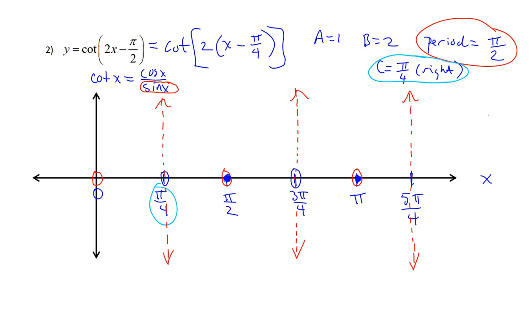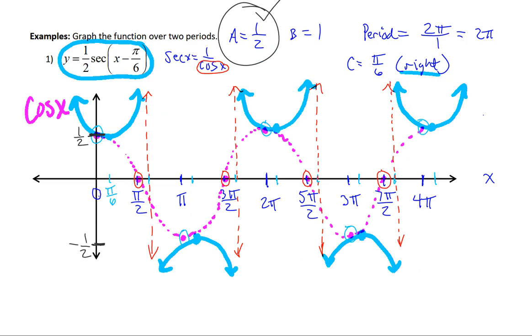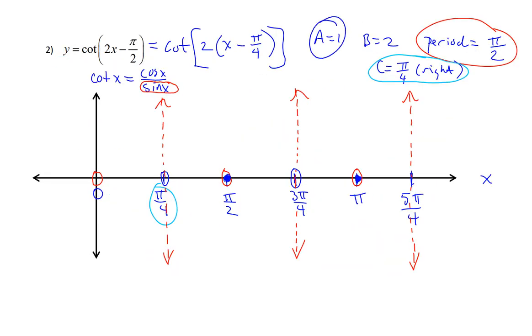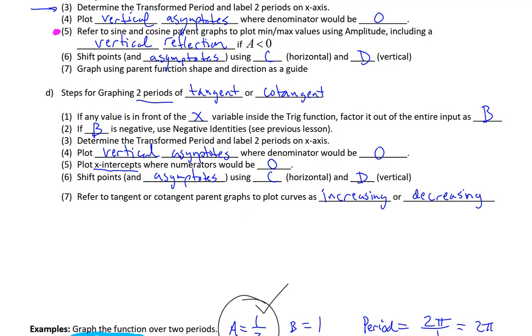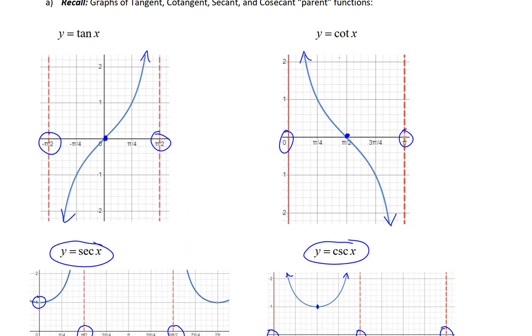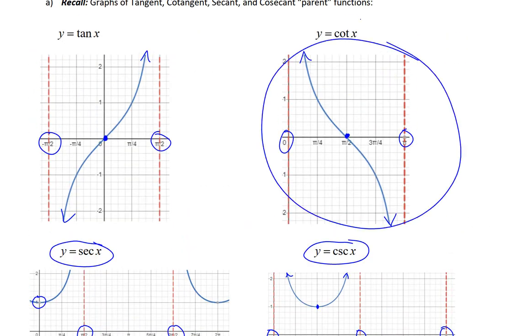And you'll recall again, there's no vertical reflection in this function. A was positive, so we don't have to worry about flipping anything upside down. We're just going to keep it as is. If you go back and refer to the parent function for cotangent, way up at the top, remember it starts high on the left and then snakes down low to the right.